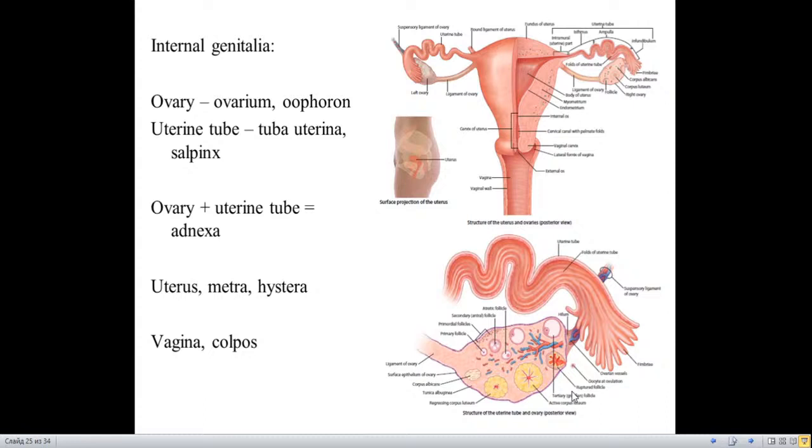The exocrine part is involved in production of oocyte, the female gamete, and the endocrine function means secretion of hormones, female sex hormones like estrogens and progesterone, the main hormone of pregnancy. I'll not spend time to explain anatomical structure, it is material of the practical class.